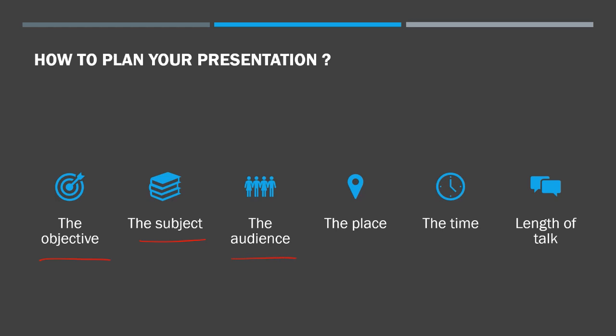And then comes the audience. Whom you are actually presenting the information to is very important. For the audience, you have to first think about the size. What is the size? Less than 50, more than 500?